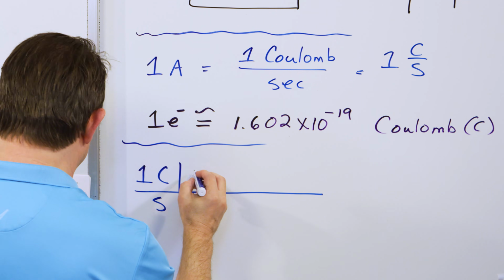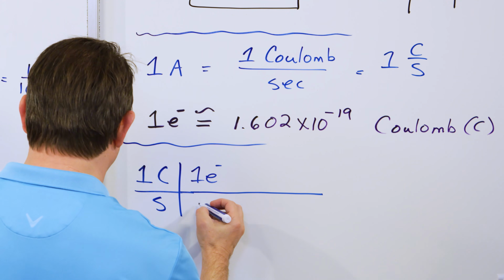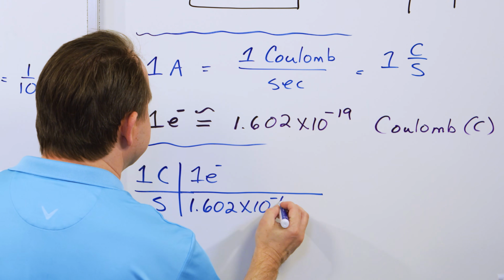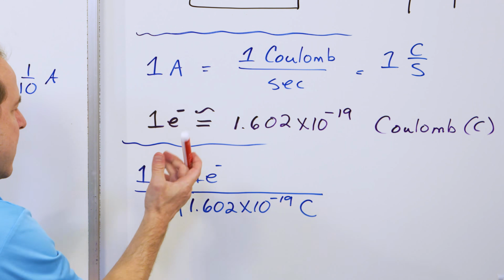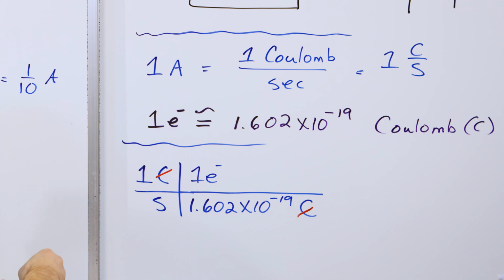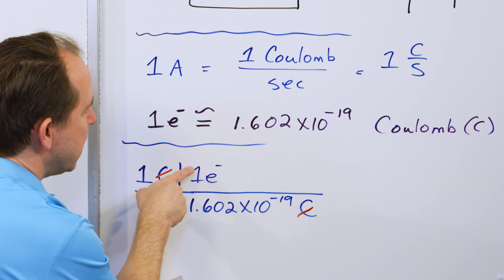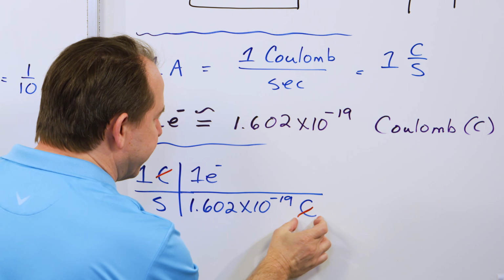So I'm going to say that 1 electron has a charge of 1.602 times 10 to the negative 19 coulombs. And I put it on the bottom like that instead of on the top so that the coulombs would cancel. This is a conversion factor. It's telling you that 1 object, which we call an electron, has a charge of this in terms of coulombs.